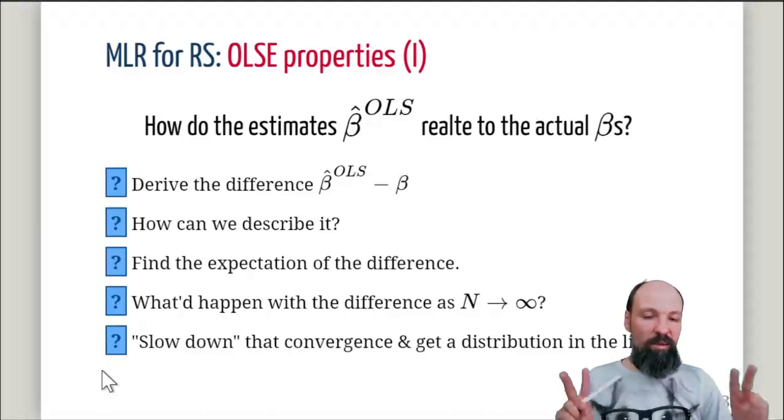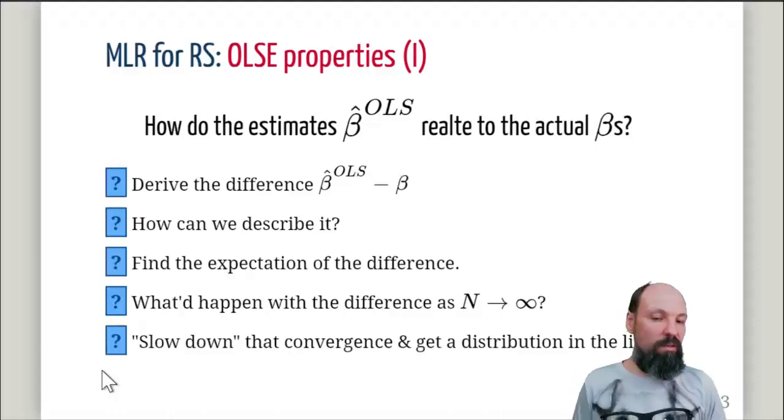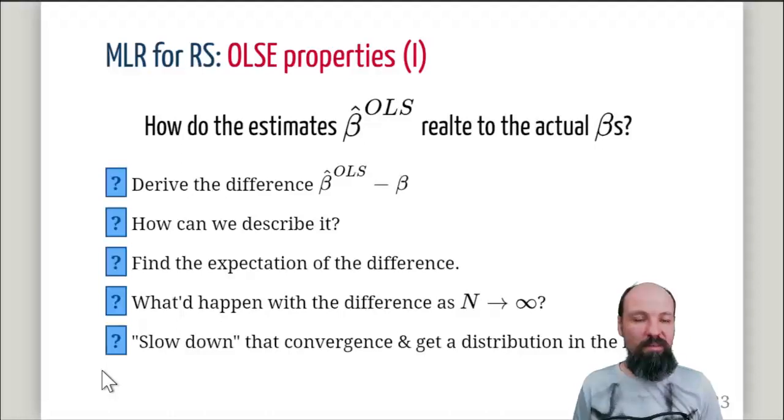When we slow down that convergence of that difference, we don't just get it to 0 as n grows to infinity, but we slow it down. So multiply it by something that grows to infinity, but not fast enough, so that in the limit there is not 0, there is not infinity, but something in between. And something not constant, but something random, right?